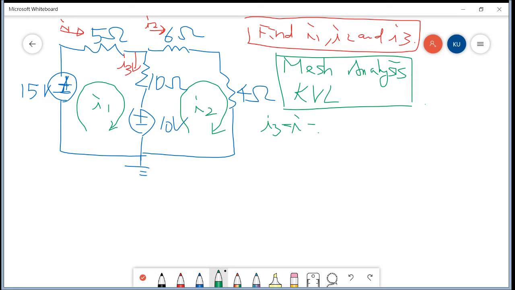I1 minus I2. Or if you use the KCL at this node, you can see that I1 is going inside, I2 and I3 are going outside from this node, which means that I1 should be equal to I2 plus I3. If you move this term to the left hand side, you also get I1 equals I2 plus I3, which will be exactly the same equation.